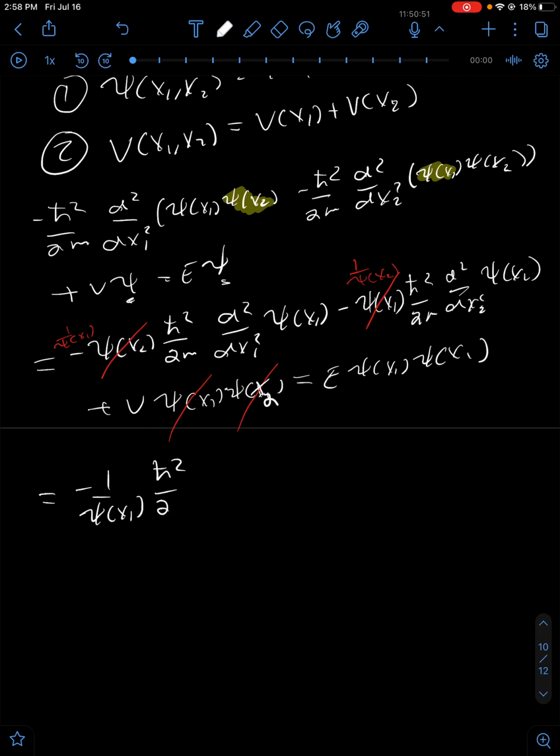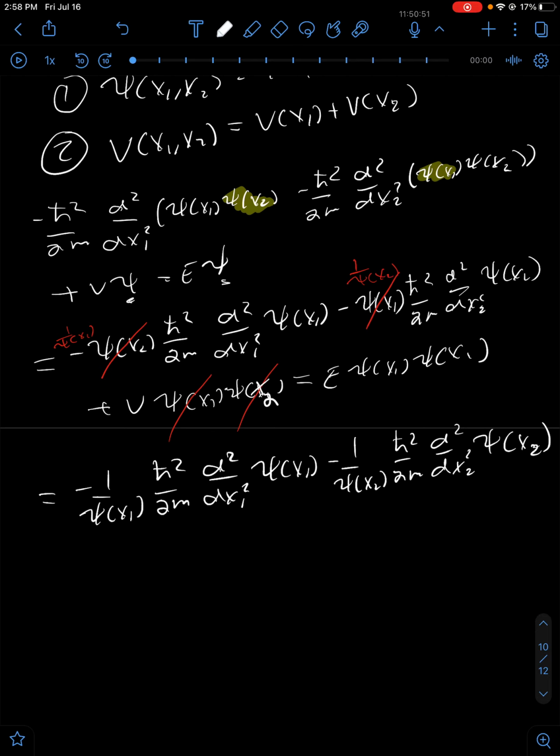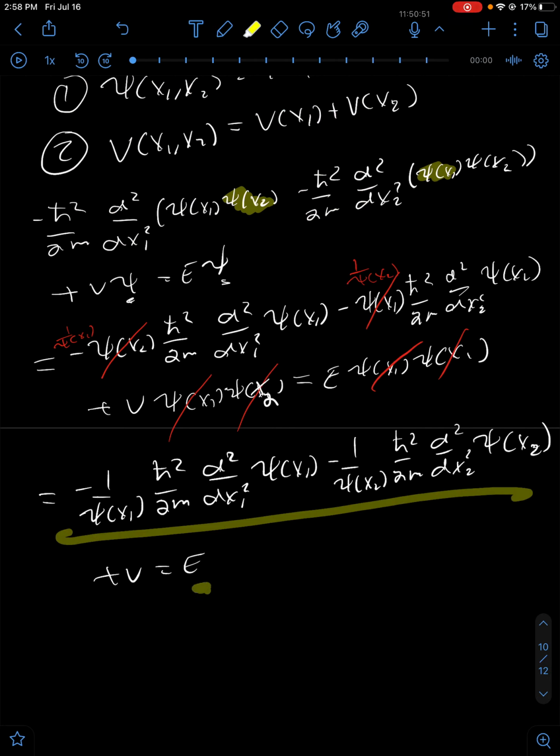So now we have minus 1 over psi of x1, h bar squared over 2m, second derivative of psi of x1, minus 1 over psi of x2, h bar squared over 2m, second derivative in the x2 coordinate of psi of x2, plus V equals E. And this is gone, by the way. So we see that this entire thing equals one constant.